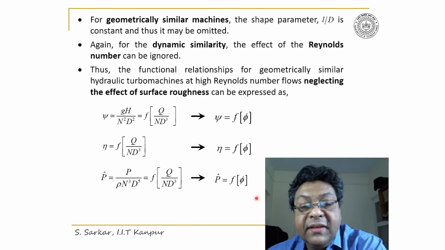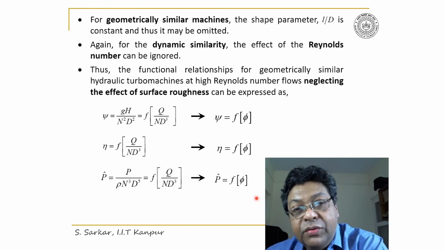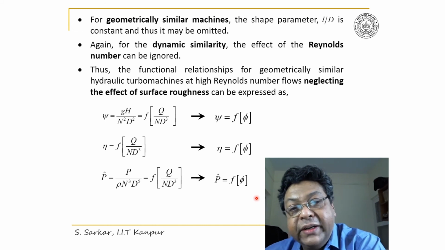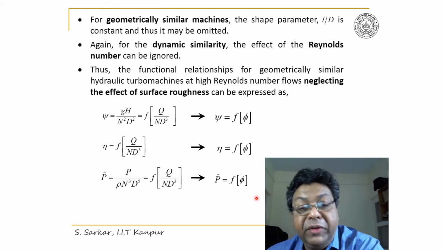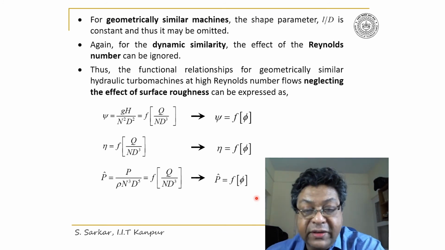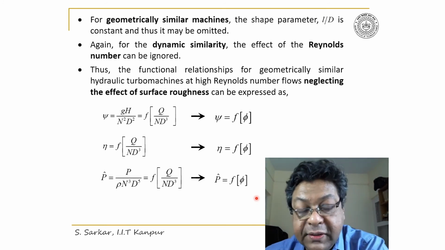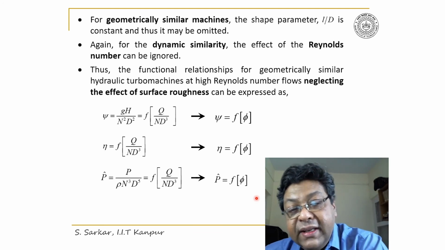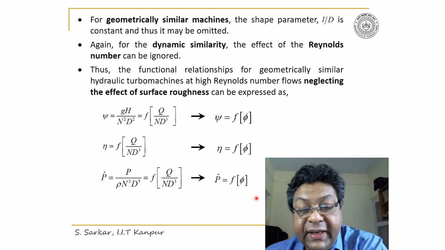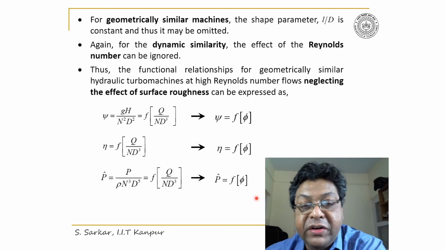So in brief, for geometric and dynamic similar machines, that means in a strict sense, if the machines are homologous, then psi, eta, and P tilde can be expressed as a function of phi.